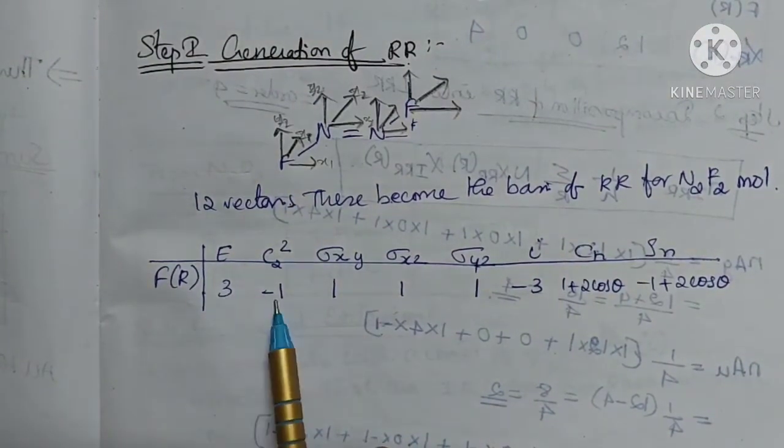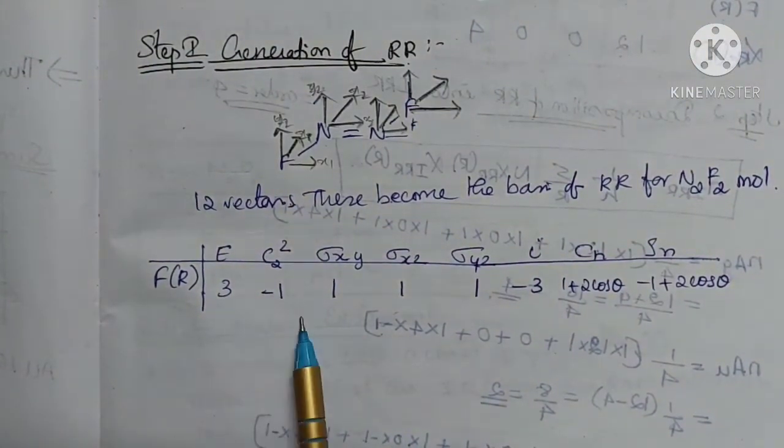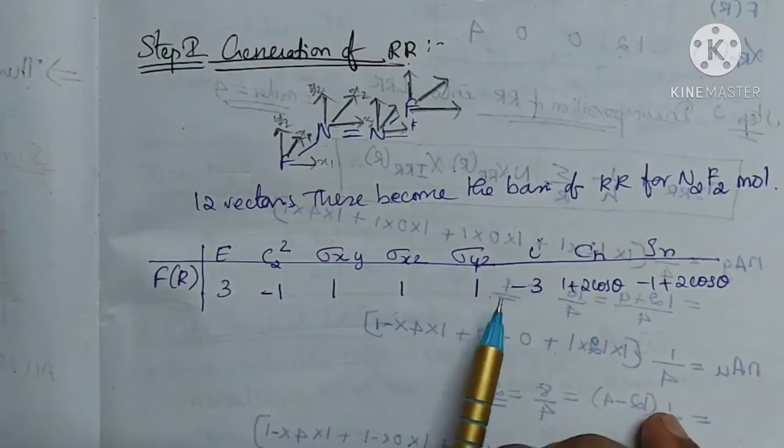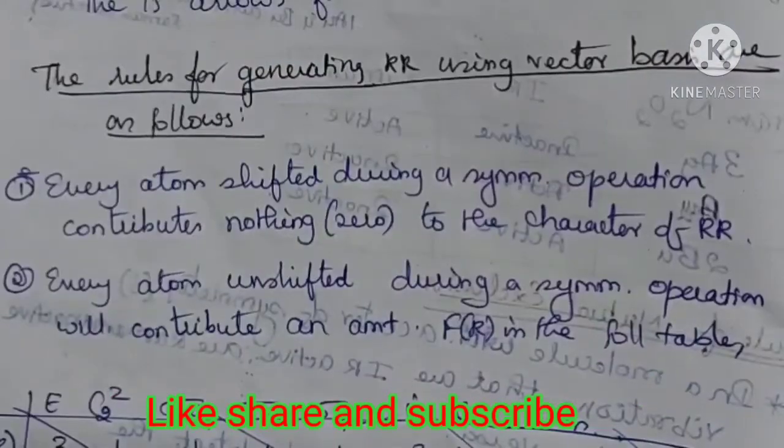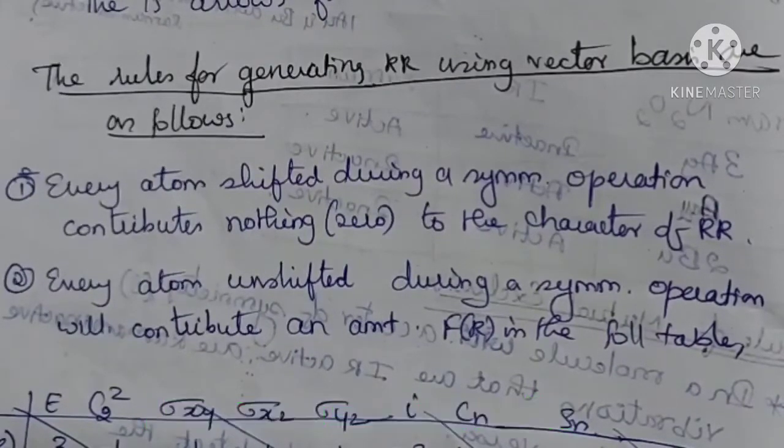This is the character of the identity E, C2Z, inversion i, and sigma XY, for Cn and Sn. We know the rules for generating a reducible representation: every atom shifted during a symmetry operation contributes nothing to the character of the reducible representation, and any atom which is unshifted during a particular symmetry operation contributes an amount to the reducible representation of that molecule.